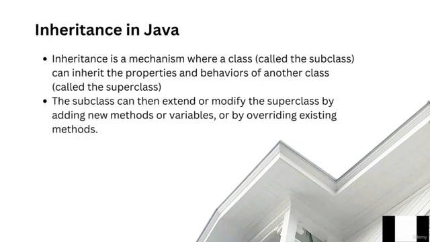The derived class is called a subclass, and the parent class is called a superclass. So, inheritance is a mechanism where a class can inherit the properties and the behavior of another class. The subclass that is created can extend or modify the superclass by adding new methods or variables or by overriding existing methods. Let's see an example.